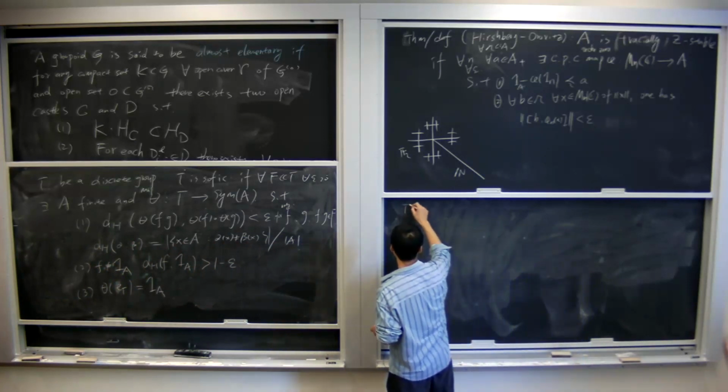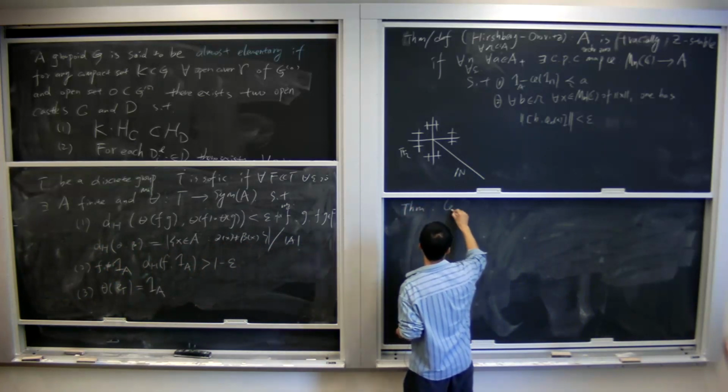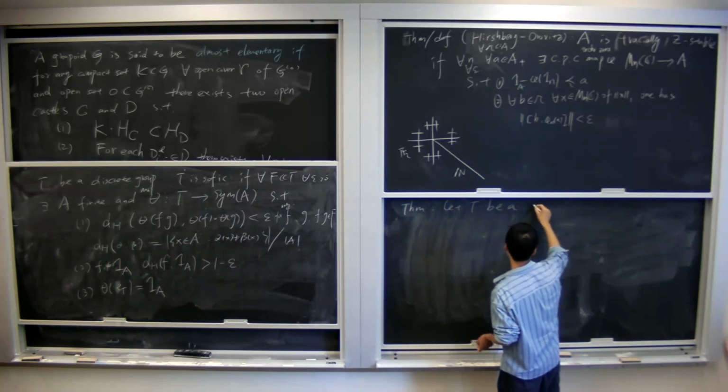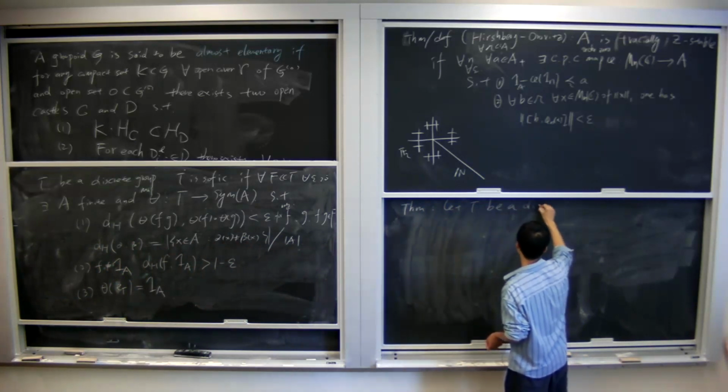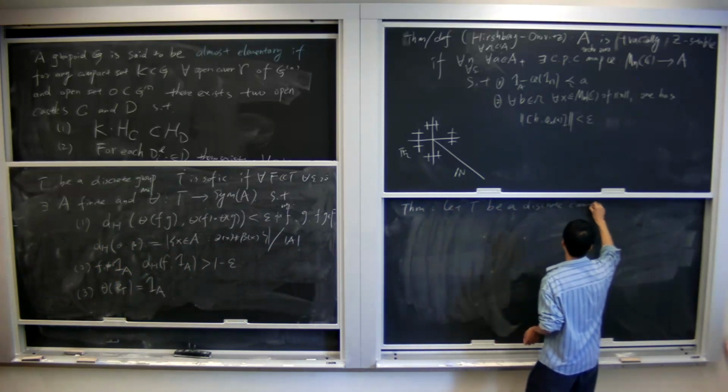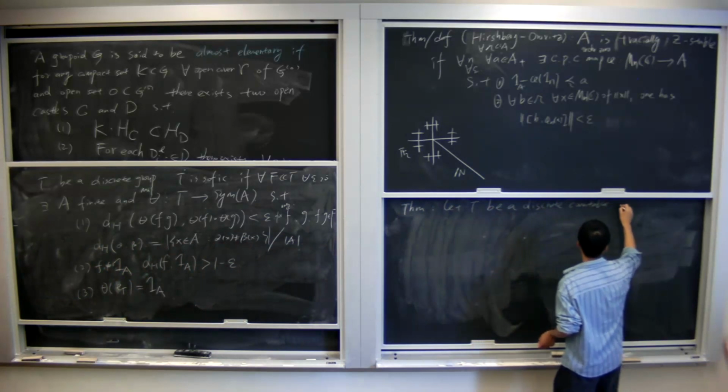So here's the theorem. Let gamma be a countable discrete sofic group.